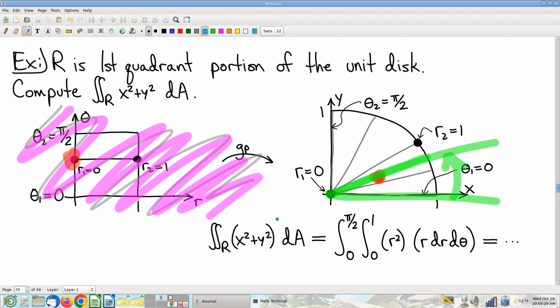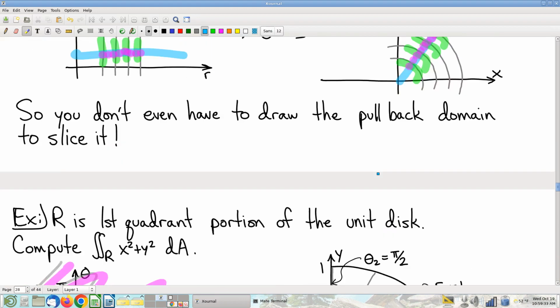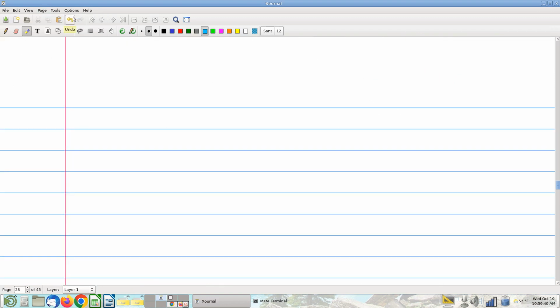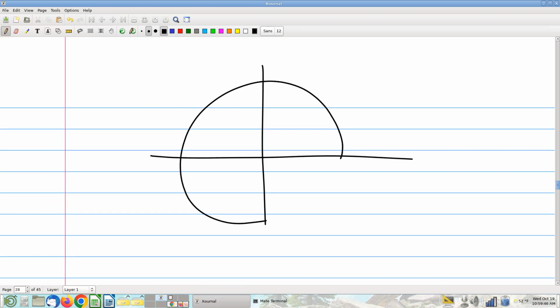Yeah, no problem. If we have 3/4 of a circle, let me see if I can find space. I didn't really leave myself much space here. I'll tell you what, I'm going to do a new page. 3/4 of a circle. There's our thing. Okay, so I'm going to do this with theta starting there at 0.